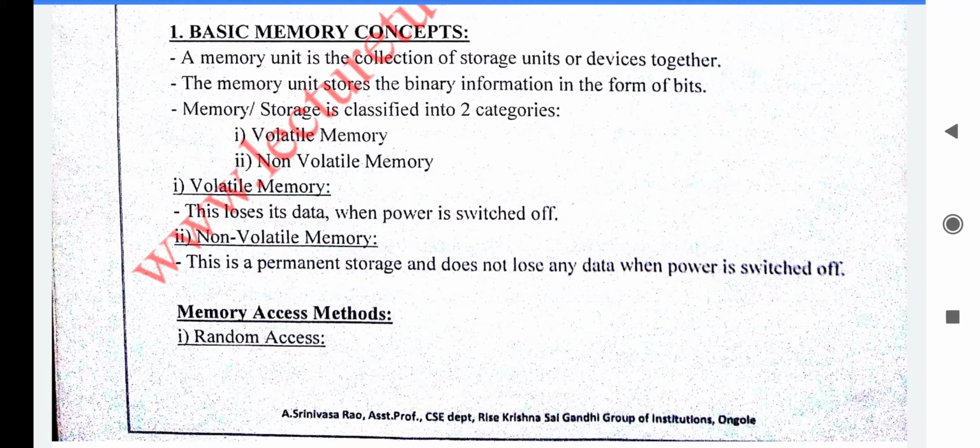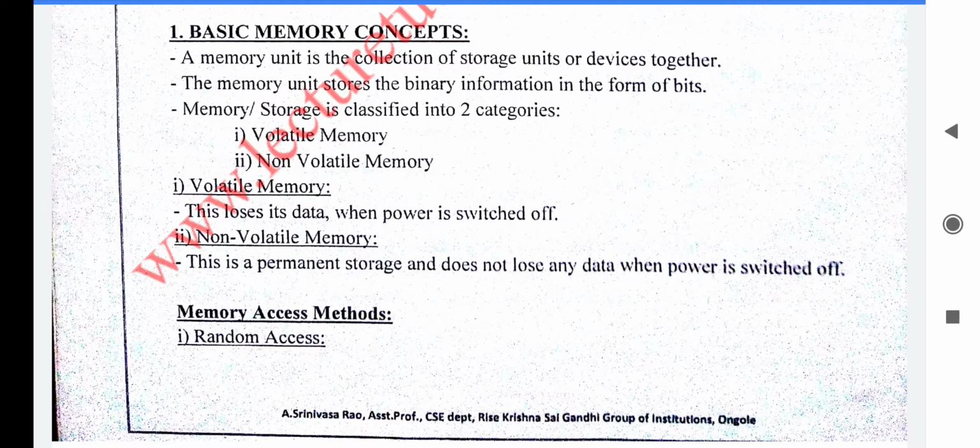Non-volatile means the opposite. It is nothing but a permanent storage area. This is a permanent storage and does not lose any data when power is switched off. So that is the difference between volatile and non-volatile.